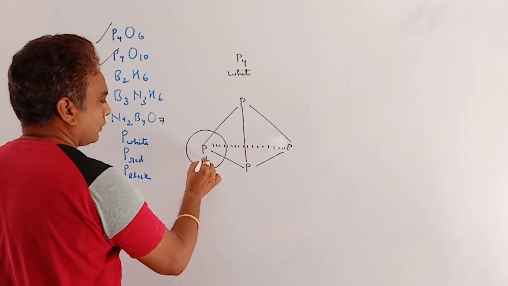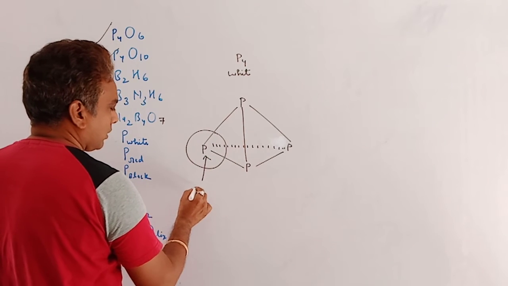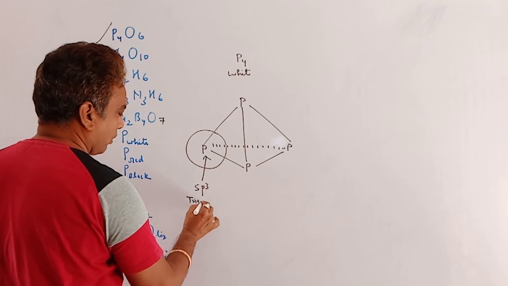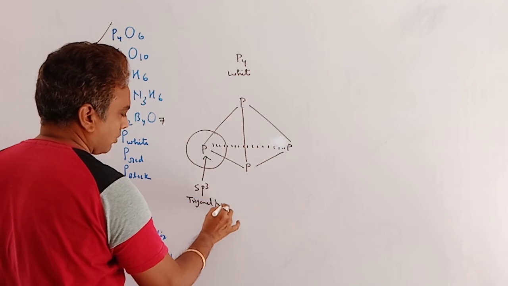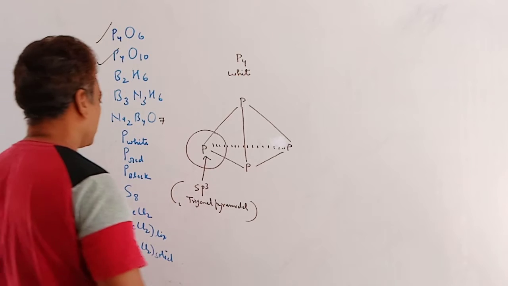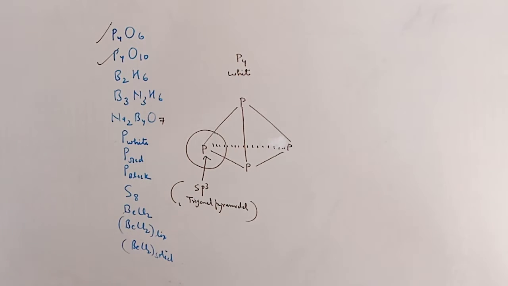With respect to each phosphorus, the hybridization is sp3 and geometry will be trigonal pyramidal. Clear?